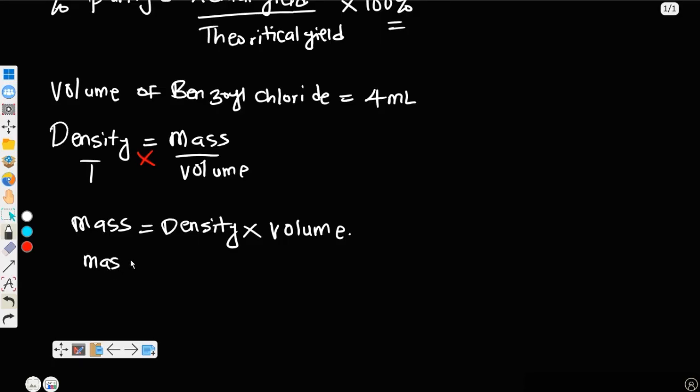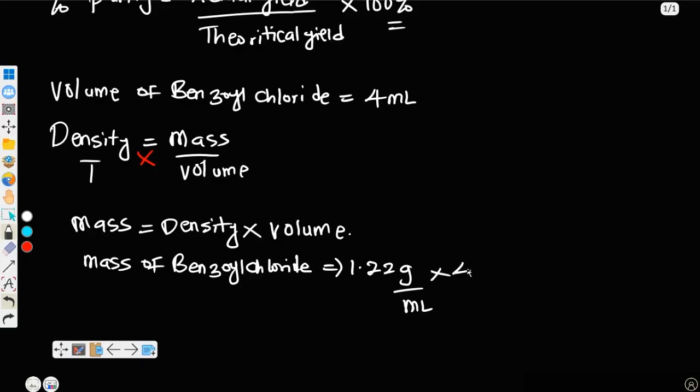Right? Now what was this? The mass of benzoyl chloride, because the specific gravity was given to you, which is the density. You can use that to calculate the mass of benzoyl chloride instead of using volume. The density was 1.22 gram per mil times the volume, which is 4 mil.